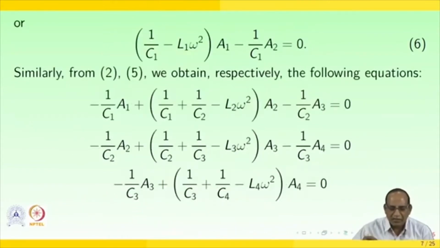So, which can be written as (1 over C1 minus L1 omega square) A1 minus 1 over C1 A2 is equal to 0.